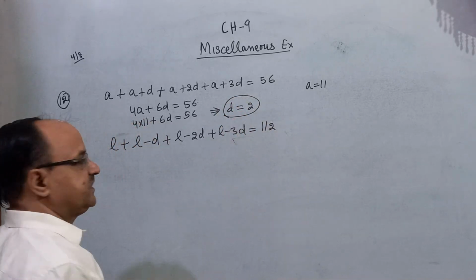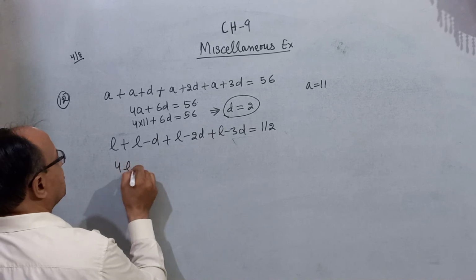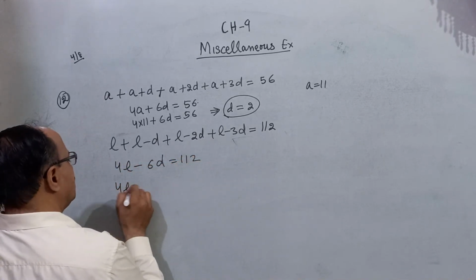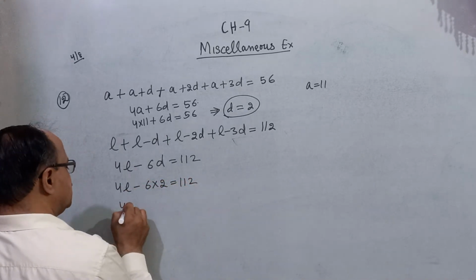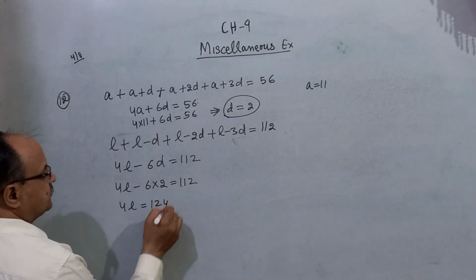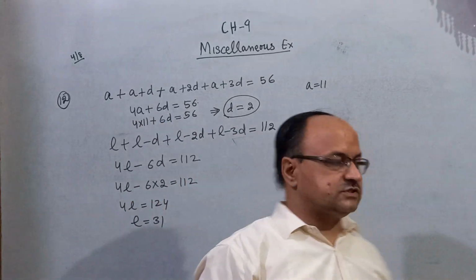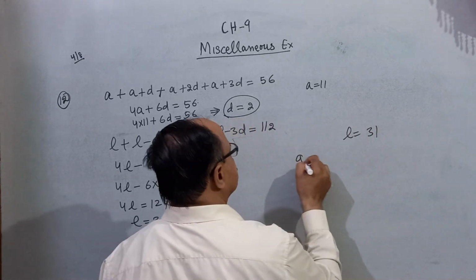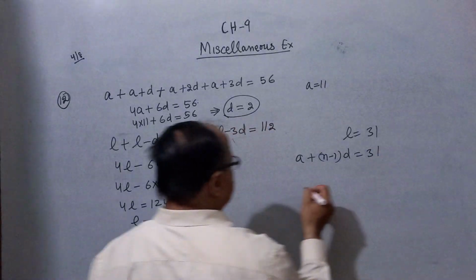This is D, the common difference. L plus L plus L plus L, that is 4L minus 6D, is equal to 112. The value of D is 2, so 4L is 112 plus 12, that is 124. L is equal to 31. L means the last term, and the last term is a plus n minus 1 into d, that is 31.